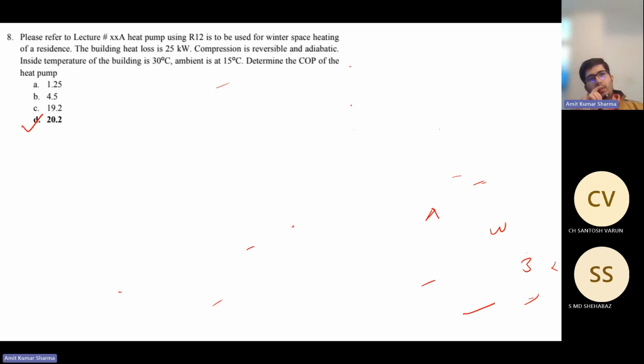In this question, we have to find out the work done. So the answer is 1.23 kilowatt.